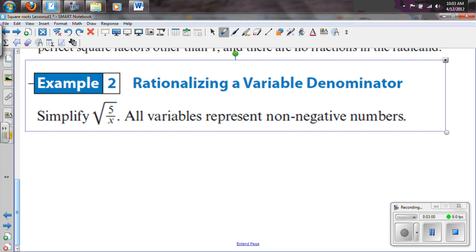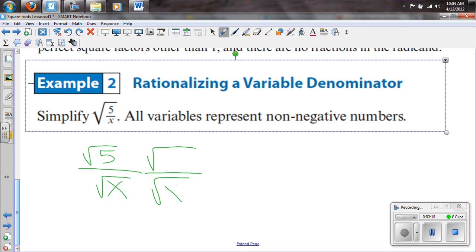Rationalizing a variable denominator requires the same thing. So if we have the square root of 5 over the square root of x, I'm separating those so that I can use this property on this. I want to multiply this by a square root that's 1, and I want to get rid of that square root of x, so I'm going to multiply by square root of x.